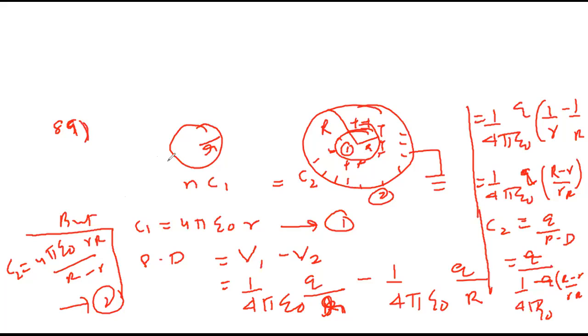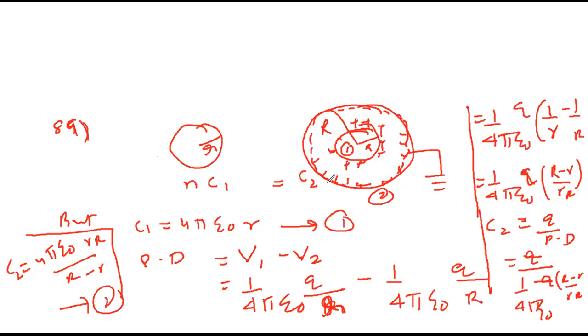So the capacity of a sphere of radius r is 4 pi epsilon 0 r. For the concentric sphere we have to find the potential difference. The negative charge will give negative potential at the center.